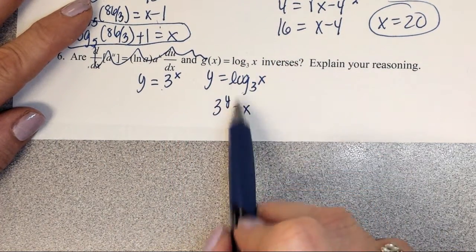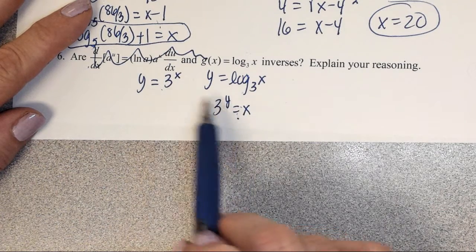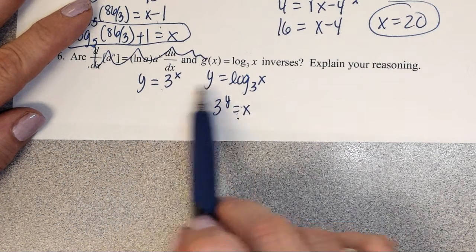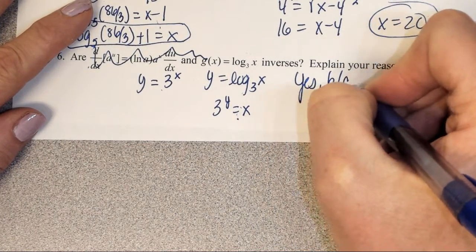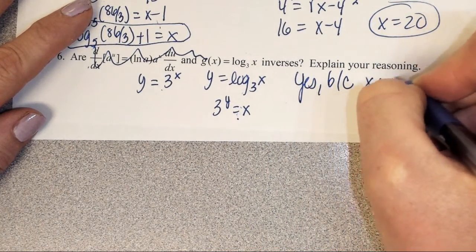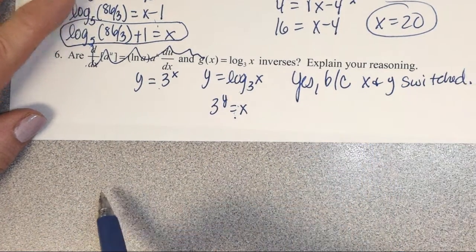So this is equivalent. So would that be the inverse then? Did x turn into y and y turn into x? Yeah, it did. X turned into y, y turned into x. So yes, these two are inverses because x and y switched.